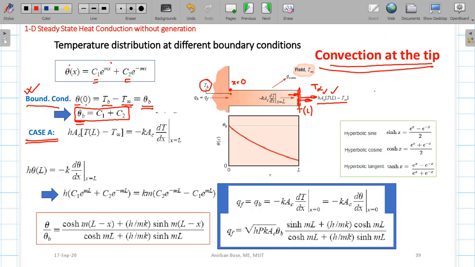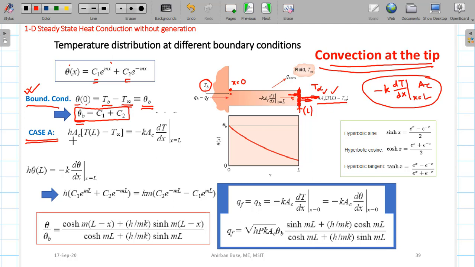According to Fourier's law of heat conduction, it is minus k into dT/dx at x is equal to L. That is the conduction heat flux, and if you multiply that by the cross-sectional area, you will get the rate of heat transfer. And this rate of heat transfer by conduction is equal to this convection, because the surface cannot store any energy. So the heat that is conducted to the surface has to leave the surface through convection.